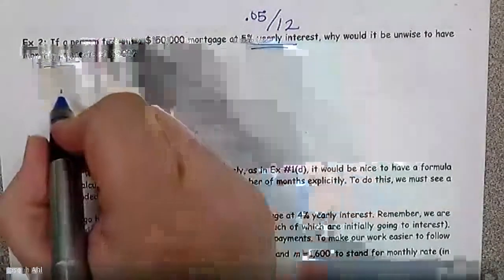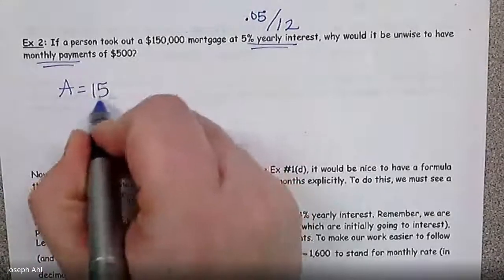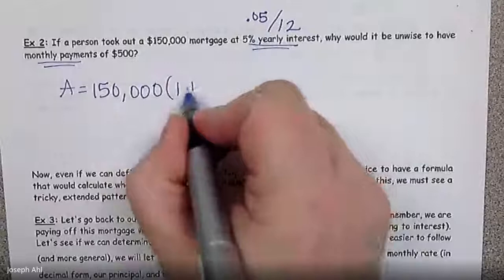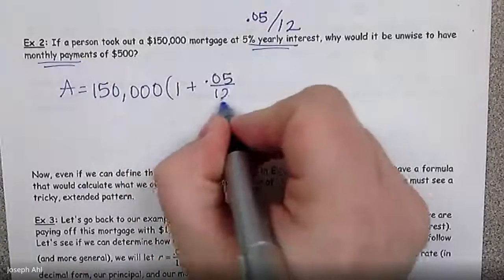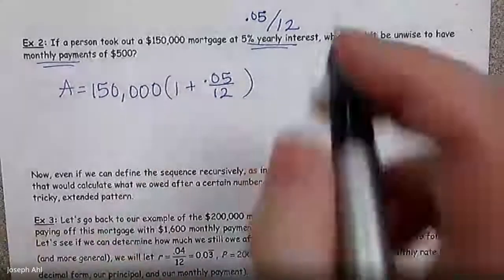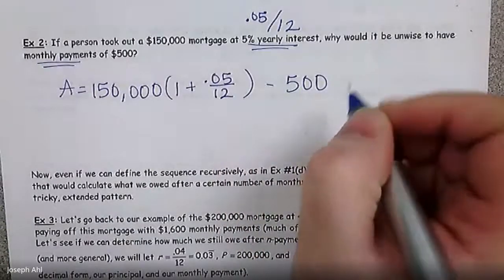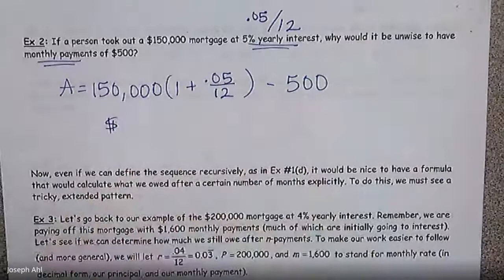So if we think about what you would owe after the first month, you would take the initial starting amount you borrowed, $150,000, times 1 plus the rate, 0.05 over 12, and then from that, subtract your $500 payment. And let's see how much we owe after the first month's payment of $500.